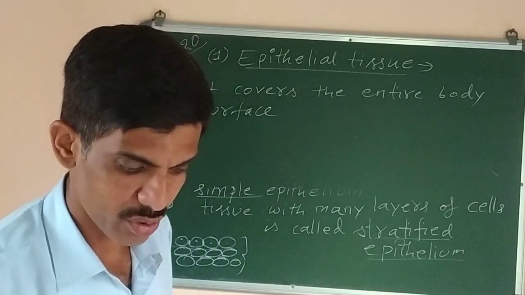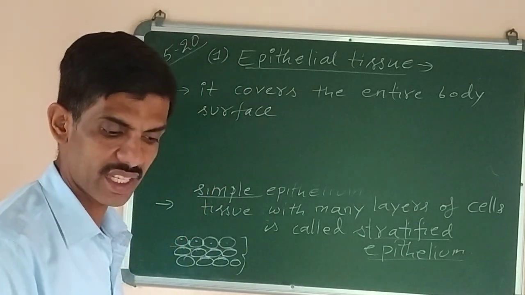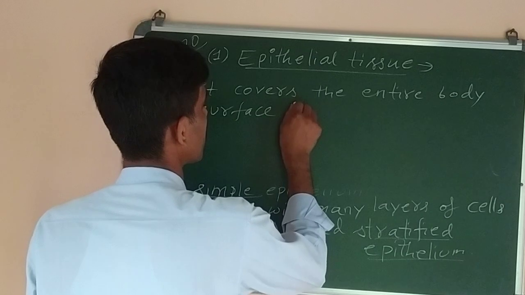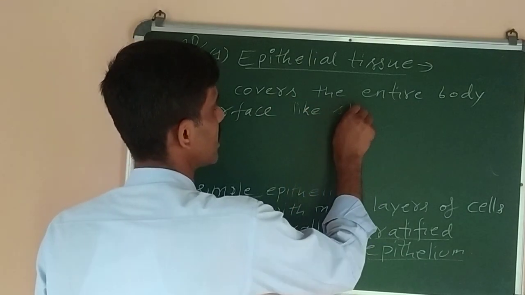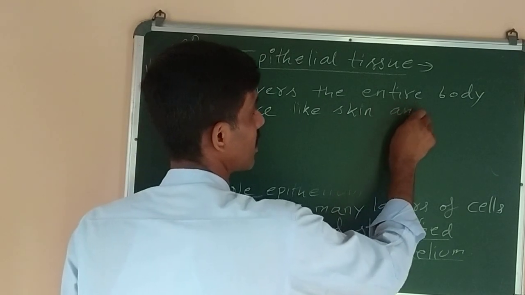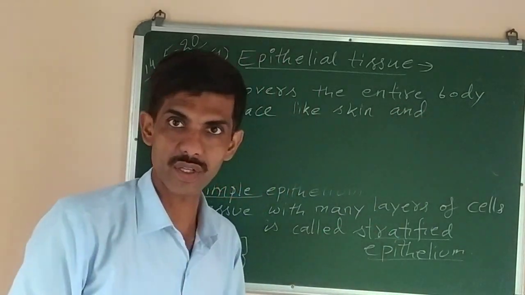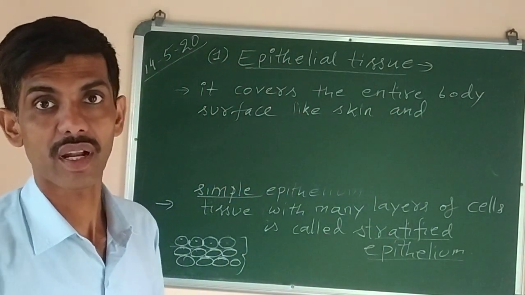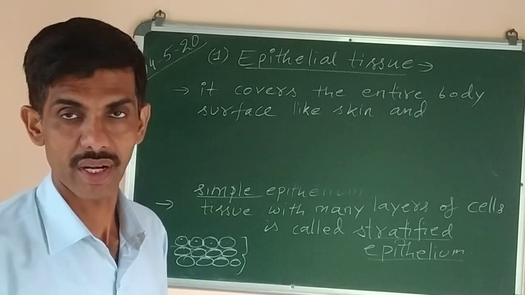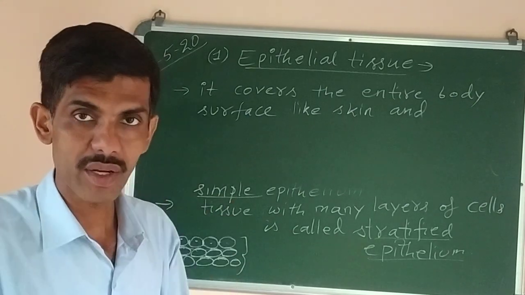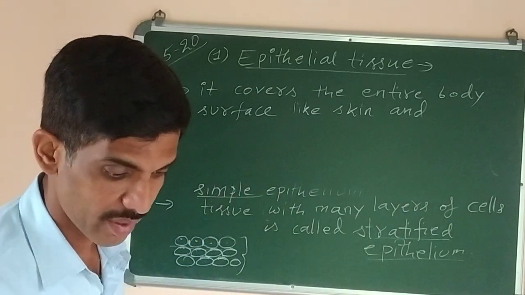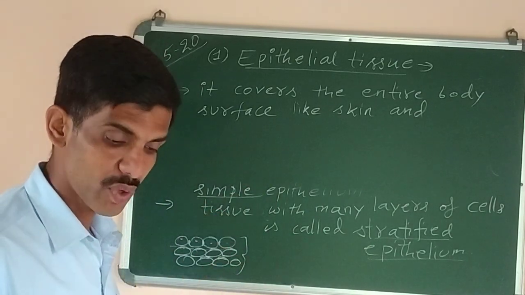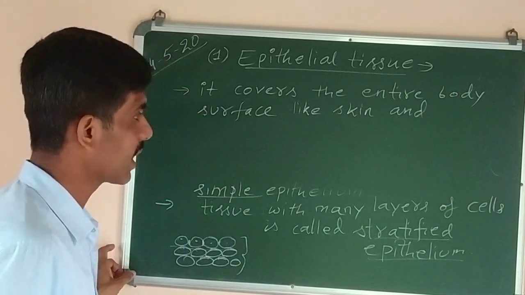So epithelial tissue covers the body like skin. And not only this, skin contains epithelial tissue, many of our internal organs like liver, kidney, heart, they are lined with epithelial tissue only.